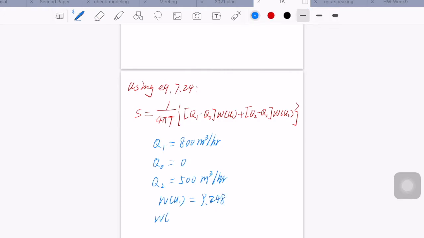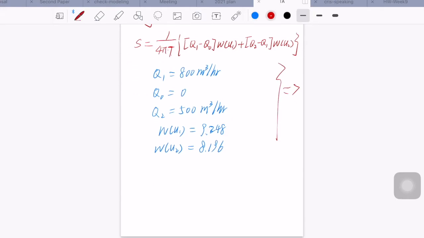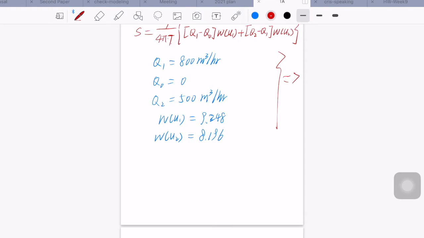W of U2 is 8.196. So now we can determine that S, the drawdown, is 9.83 meters. We finished this problem.